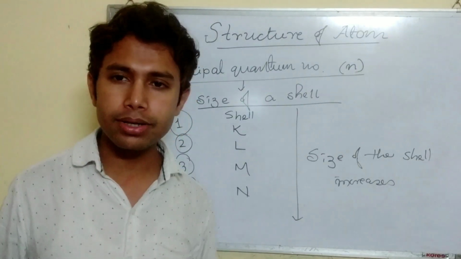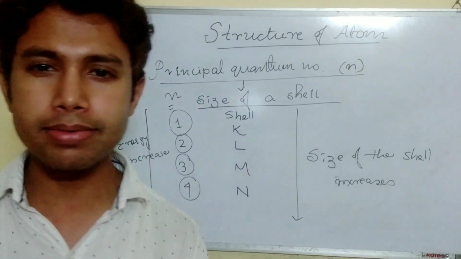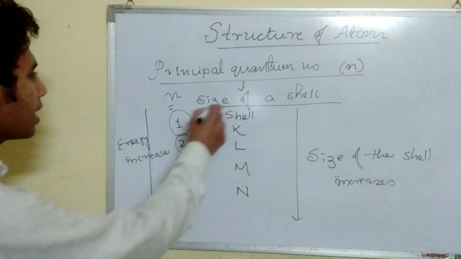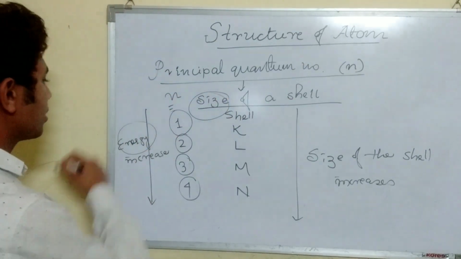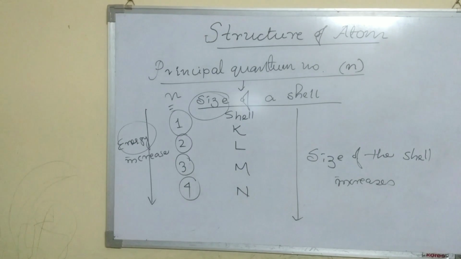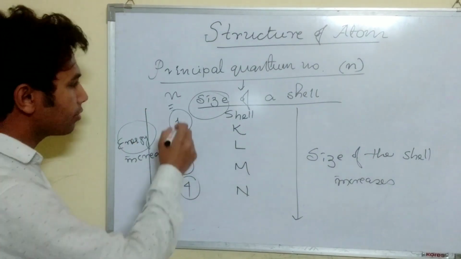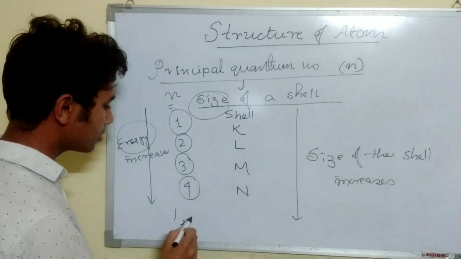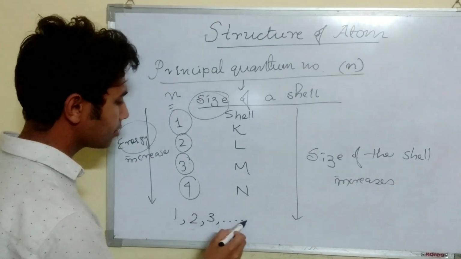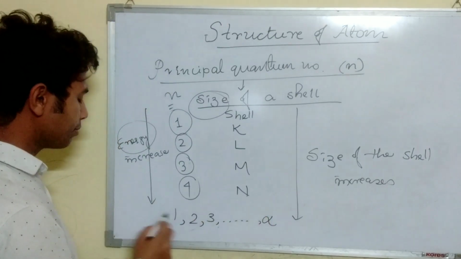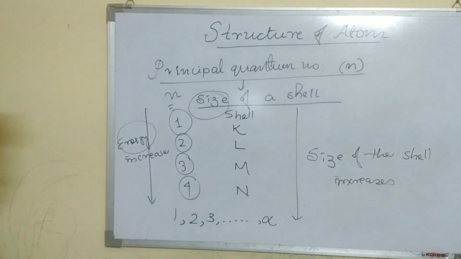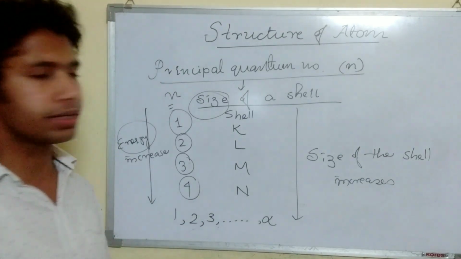So this principal quantum number gives you the idea of the size and energy of the orbitals. The value of n goes from 1, 2, 3 up to infinity, means integer values from 1 to infinity.